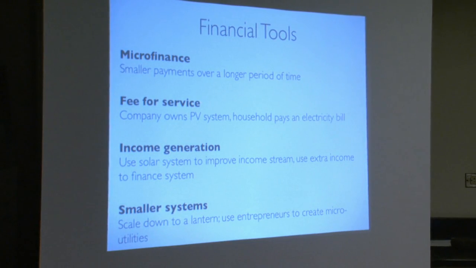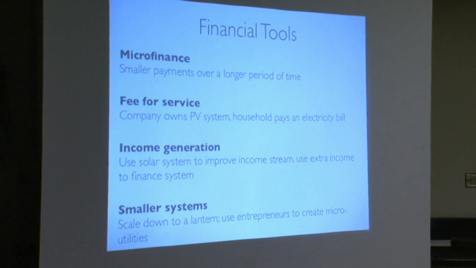For income generation, which we saw in the lighting lecture last week, people use solar panels to generate income. One person with a lot of solar panels will charge a lot of batteries and rent them out as electricity. For smaller systems, you scale the technology down, so you're not using giant solar panels anymore, but smaller panels to power a lantern, for example.